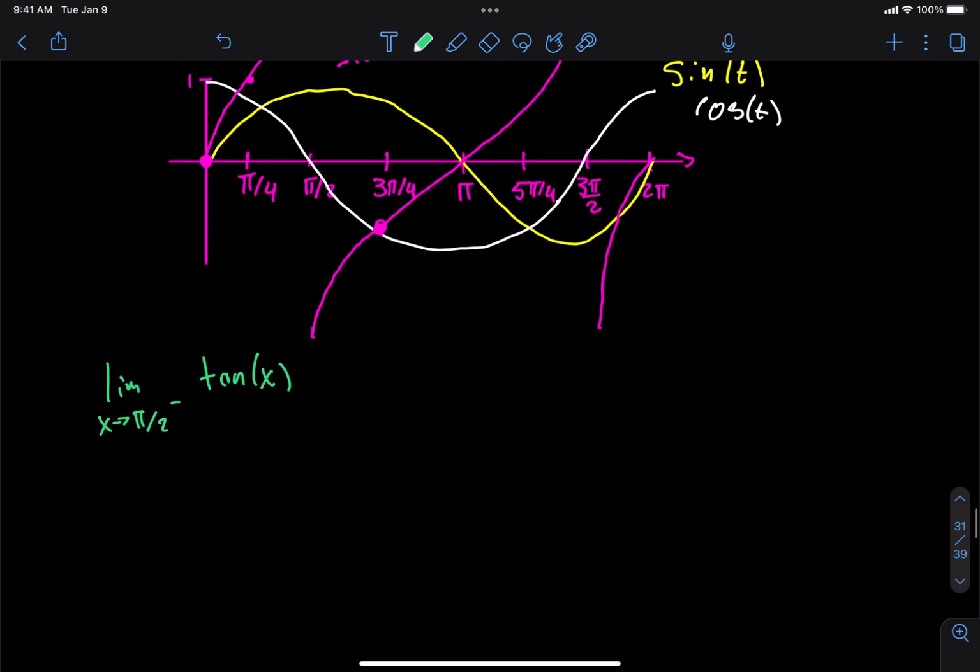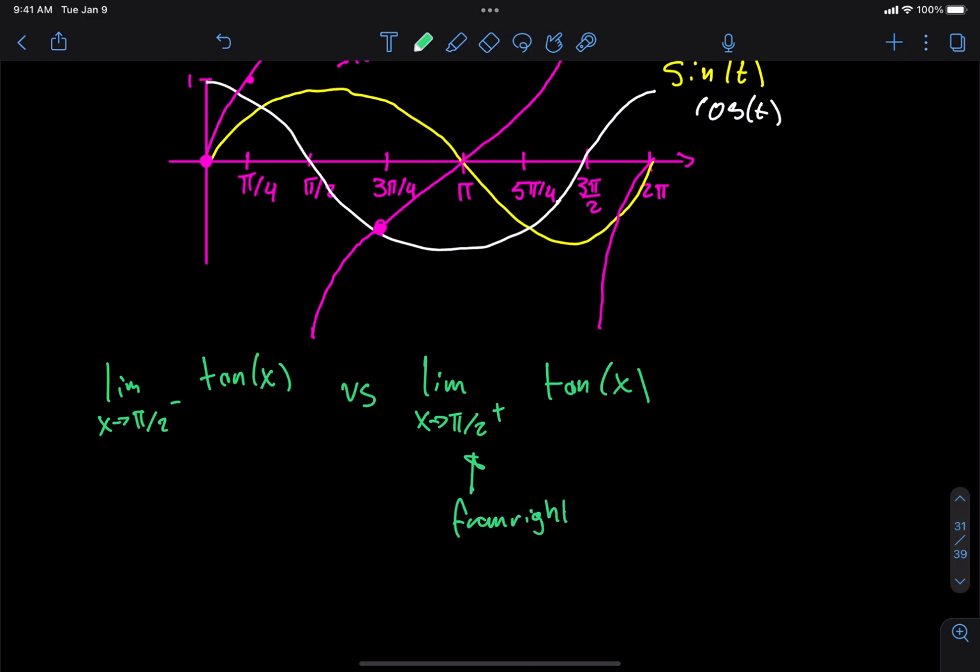Also, we want to check what is the limit as x approaches pi over 2 from the right of tangent of x. So this means from the right, and this means from the left.